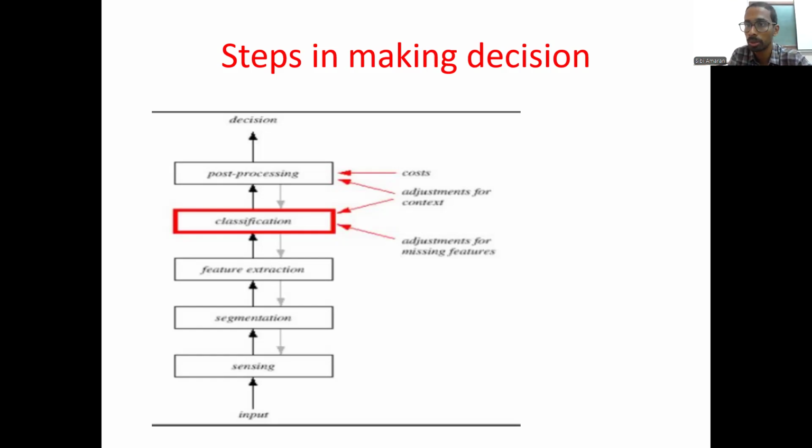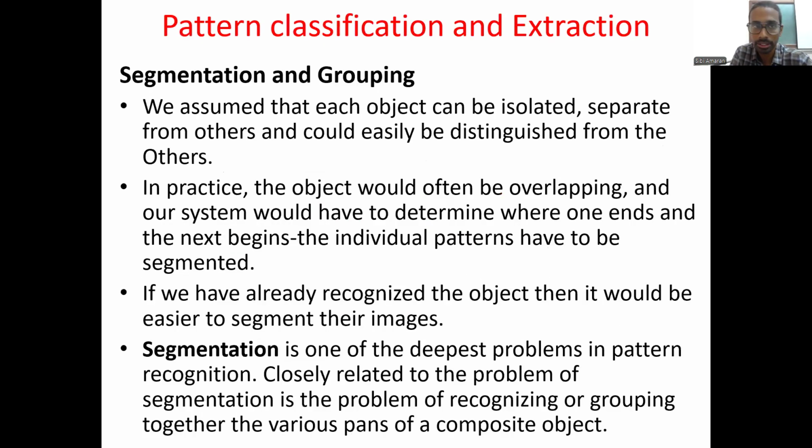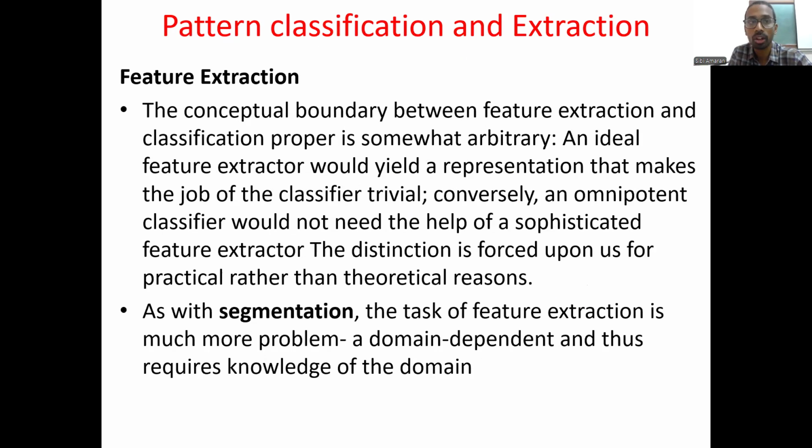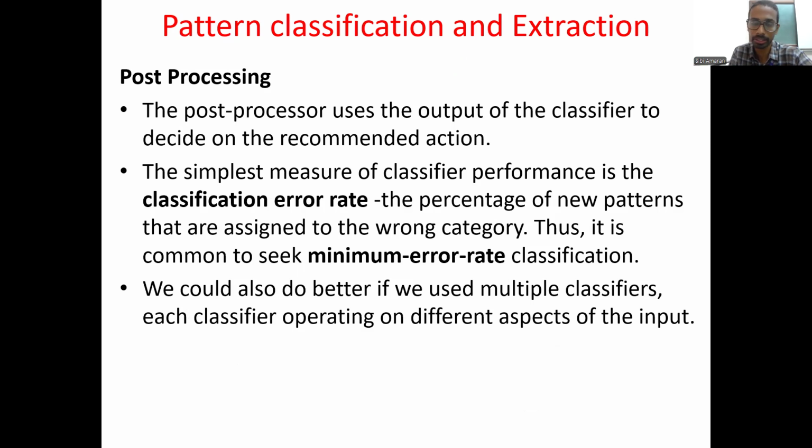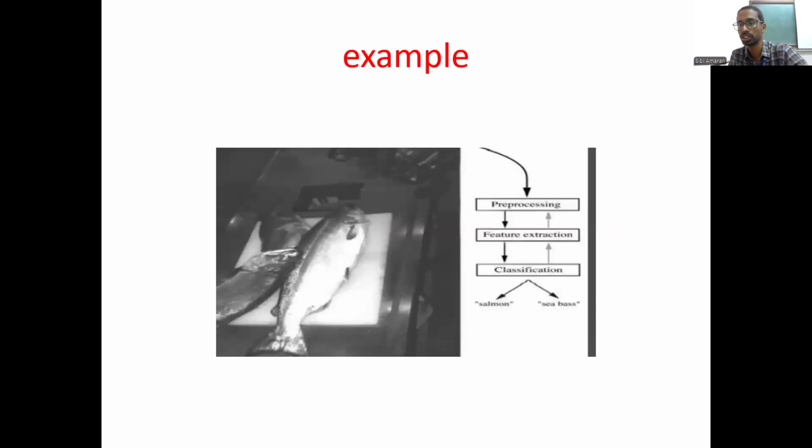That is known as post-processing, and according to that, the decision will be made. So this is the sensing, then I improve the image quality, and according to the kind of trait I use, I take out the features accordingly. Then among the various classifications, the best will be preferred, and post-processing produces the output, and according to that the decision will be made.